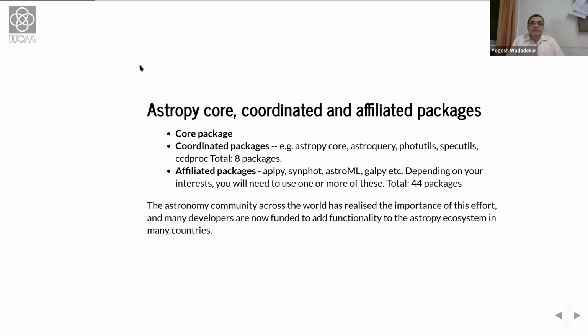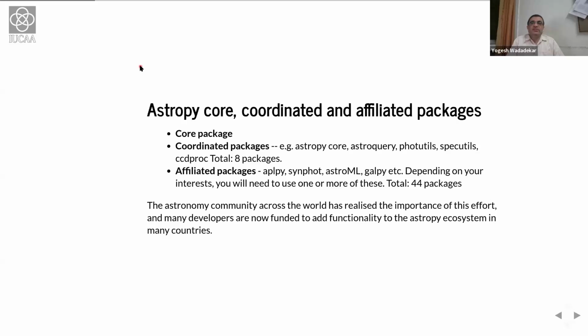There are two kinds of packages outside the core. The first are what are called coordinated packages. These are packages whose development is influenced or controlled or coordinated by the Astropy core developers. So for example, what does this mean?